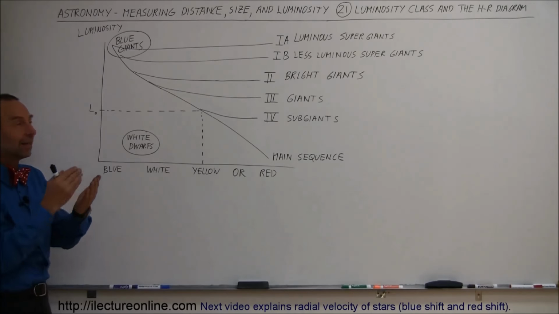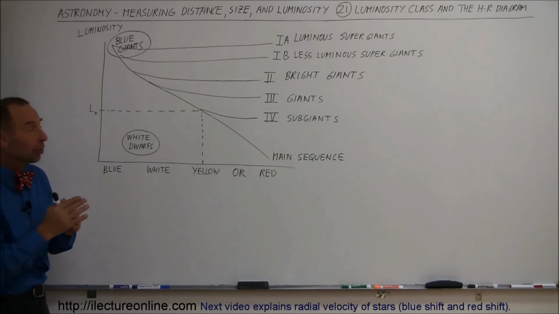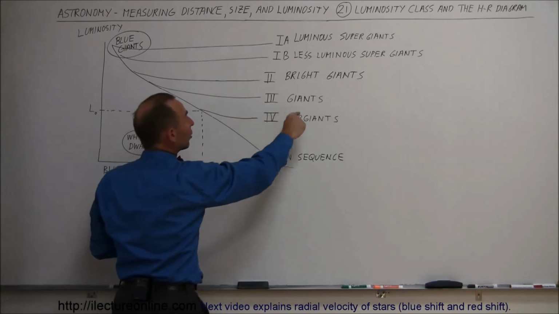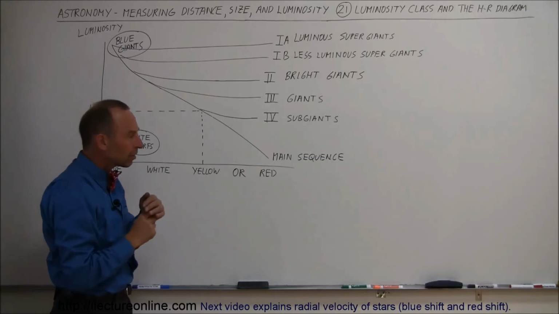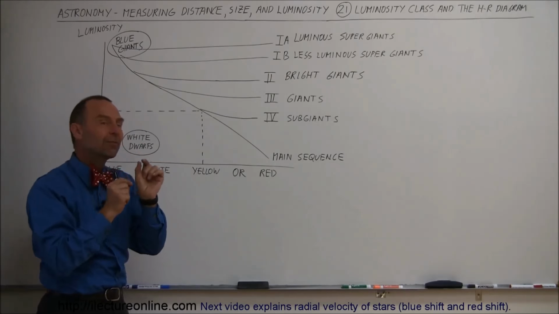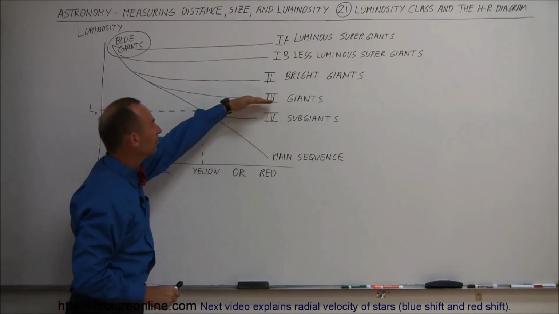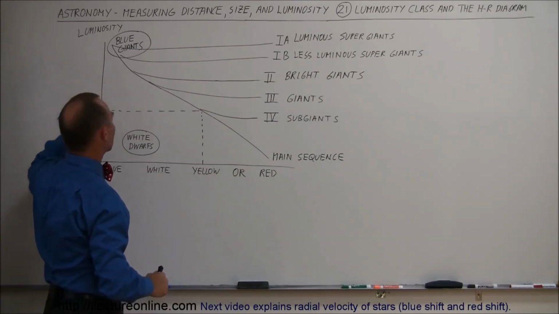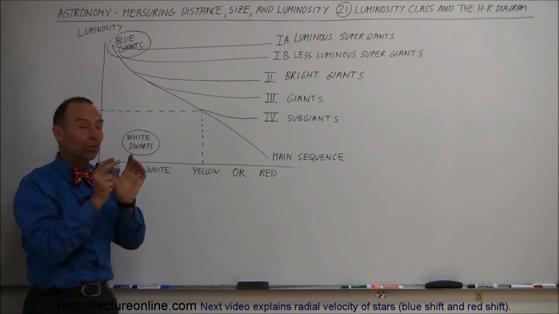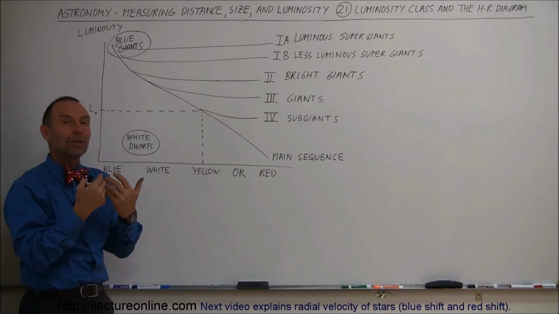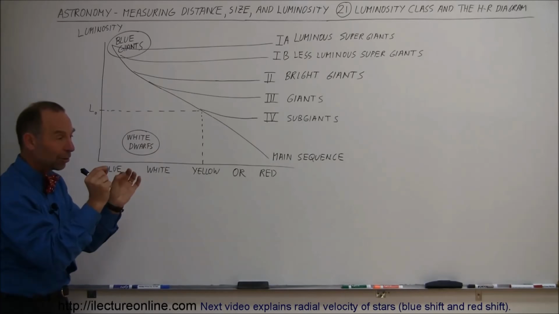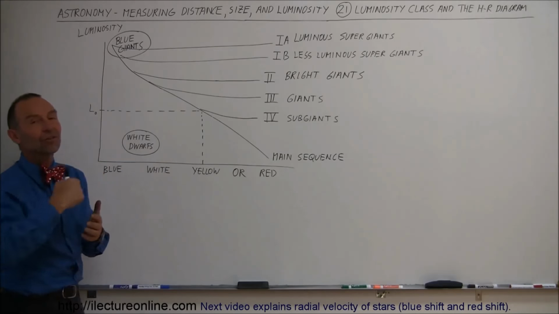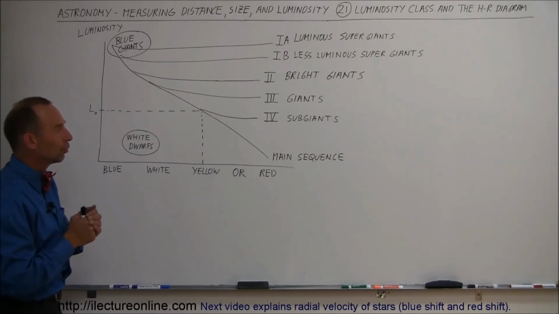We can find their absolute magnitude by simply looking at their color, then look at their luminosity class by looking at their spectral lines, determining which luminosity class it belongs to, and then from that go in here and read the actual luminosity. Then compare that to the luminosity that they appear as when we measure it, compare the two, and again find the distance to those stars, just like we did in the previous videos. So we've got it pretty well covered.